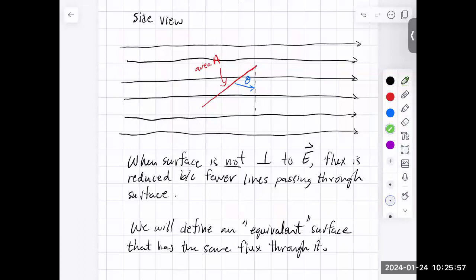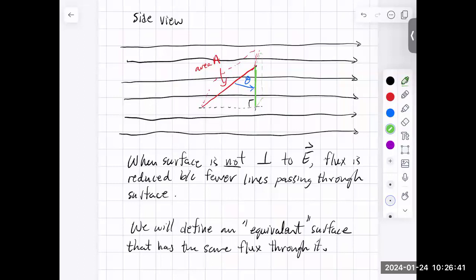That surface is just going to be, if I form a right angle triangle out of our surface, what I'm going to take to be my equivalent surface area is the area of that vertical section. So I'm going to drop down this thing here. This is a side view, but let's remember that we're talking about a two-dimensional surface. So there's the two-dimensional red surface, and the green surface would be something like this.